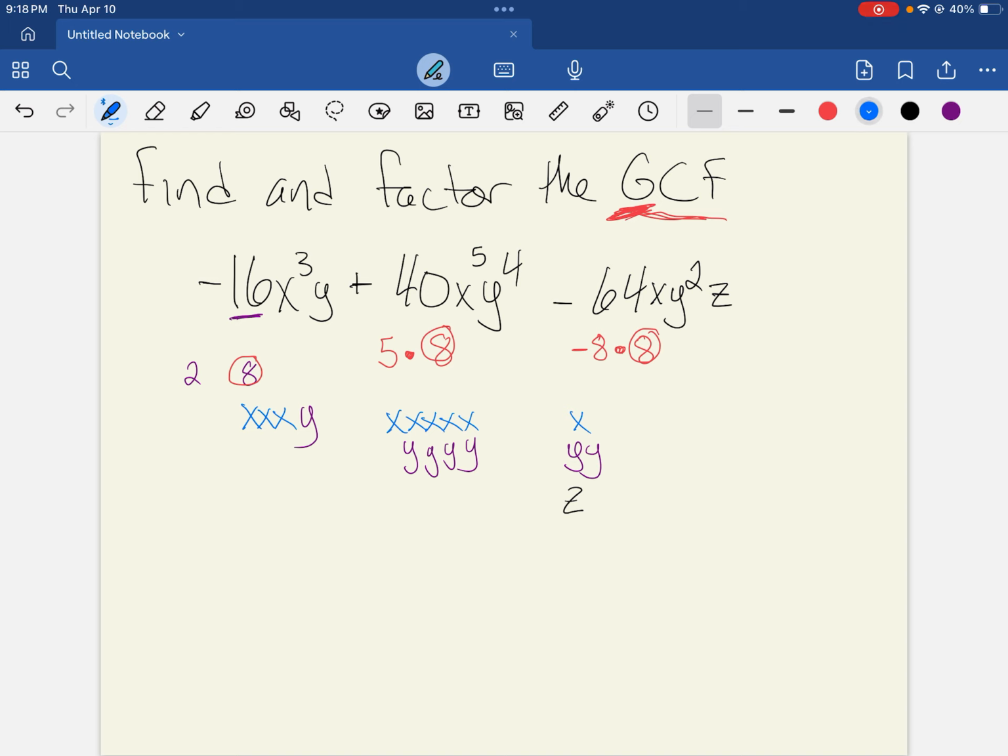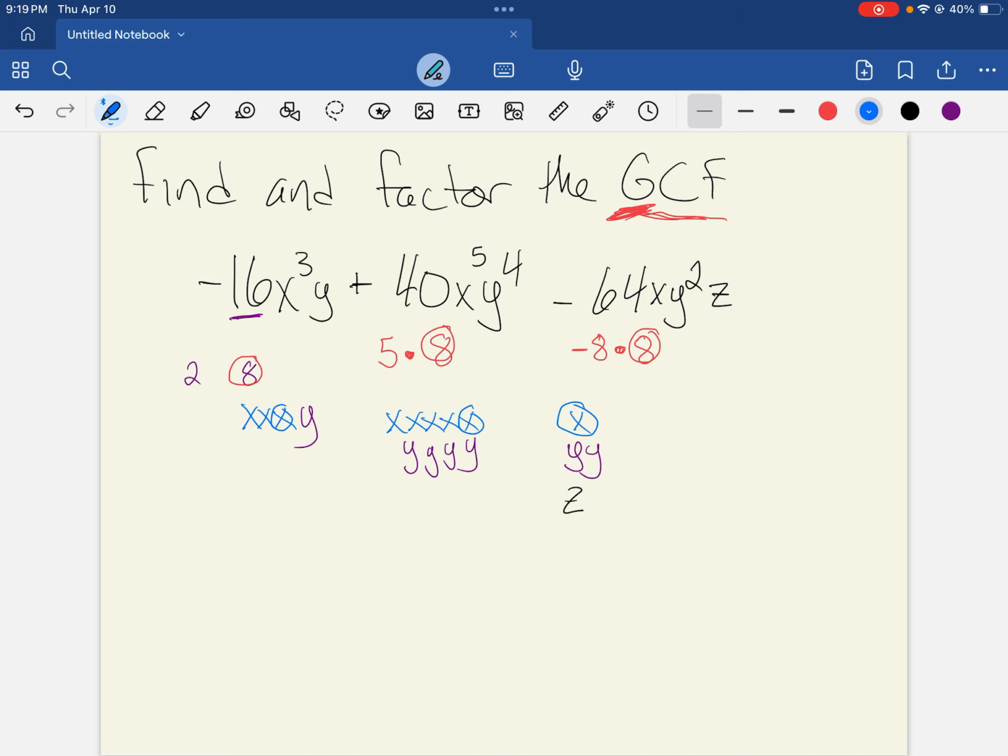Starting with x's, this has 1x, this has 1x, and this has 1x. If I want to continue and be like, oh, this has more x's with it, I can't, because if I look over here on the right-hand side, notice I don't have any more x's. That's all of them. So all they have here is 1x in common.